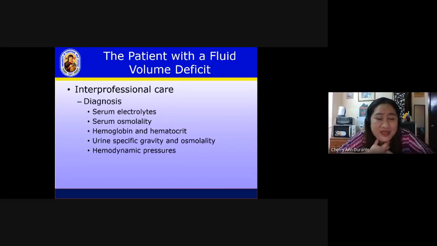Like, for example, your sodium, minsan nagde-decrease din siya. However, kapag pinag-uusapan natin is water alone, like dehydration, we're not talking about electrolytes. There's a tendency for your electrolytes to actually increase in amount. Kasi remember, it's a solute. So anong ibig sabihin no?